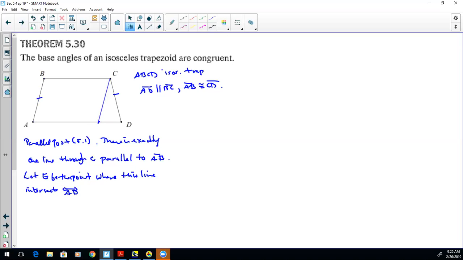So this is my point E here. Now it actually intersects the segment, but I don't know that E is between A and D. The way I've got it drawn it is, but it really doesn't matter. The line that's through C is going to intersect line AD in some point. We'll call it E.